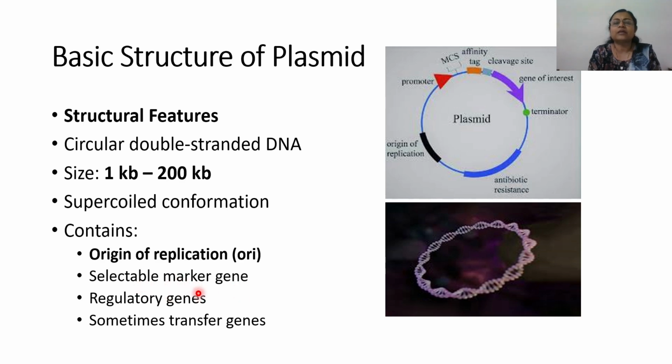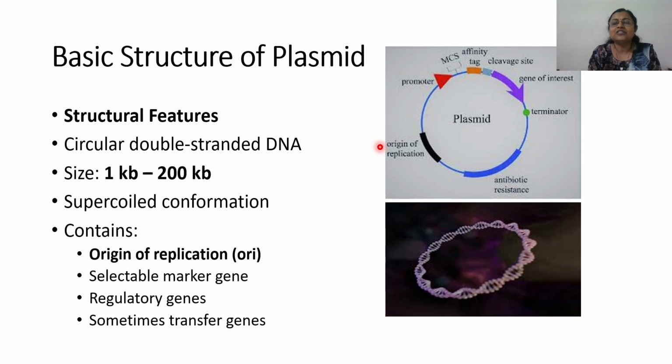So these are the selectable marker genes present in the organism. Certain regulatory genes are also present. These regulatory genes control replication, as well as copy number and gene expression.